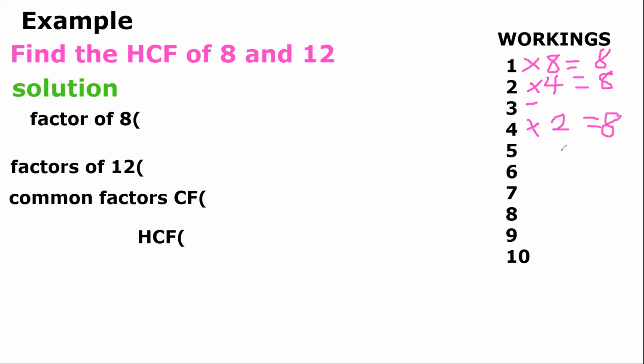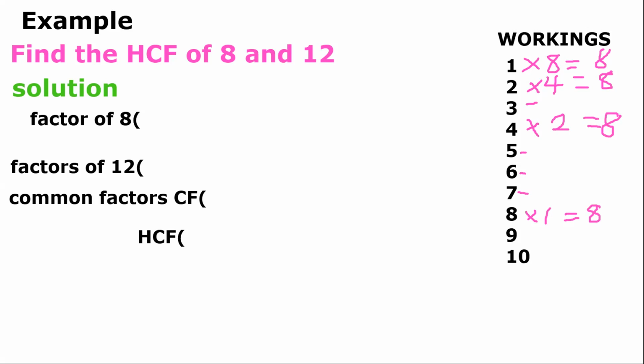Okay, good. 5, no. 6, no. 7, no. 8 times 1 can also give you 8. So these are the numbers. When you multiply that, you get 8.